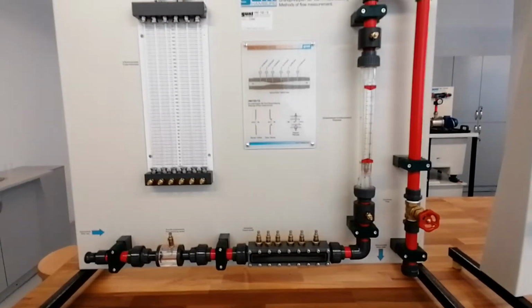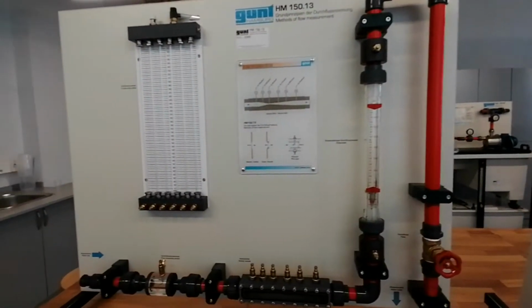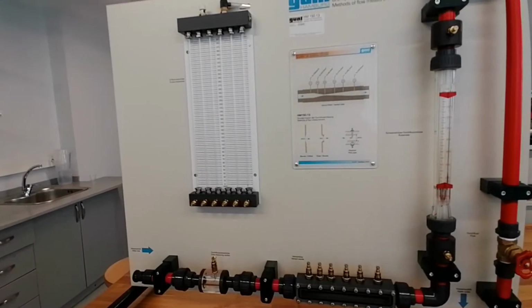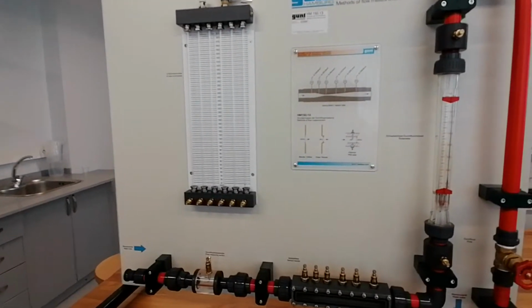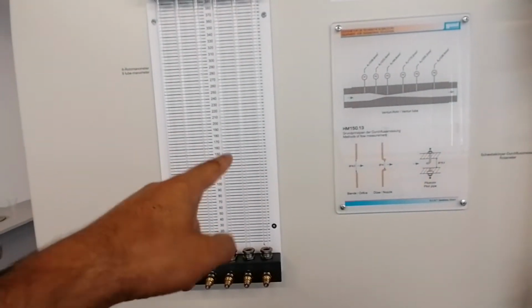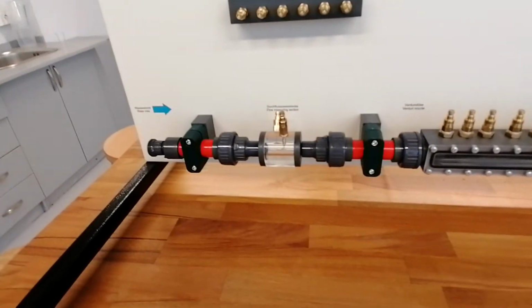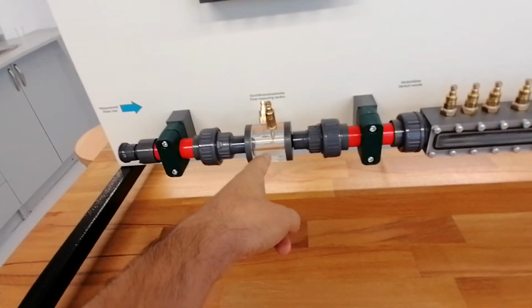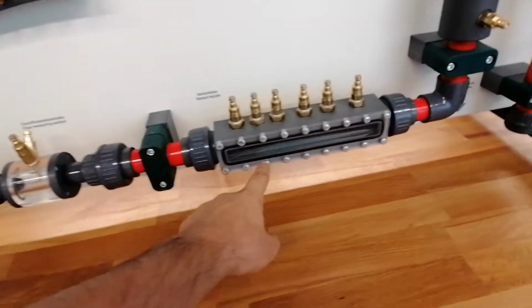Also we will use this by combining these two hydraulic benches, as I showed before. Here there are some manometers to measure pressures. And here there is a flow measuring section, with a pitot tube and also a venturi nozzle.